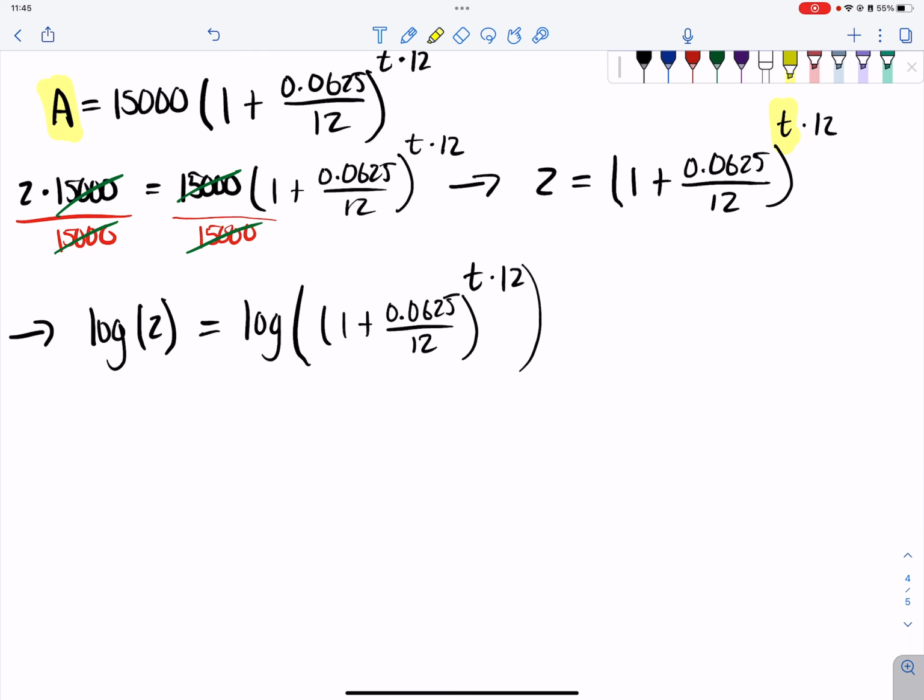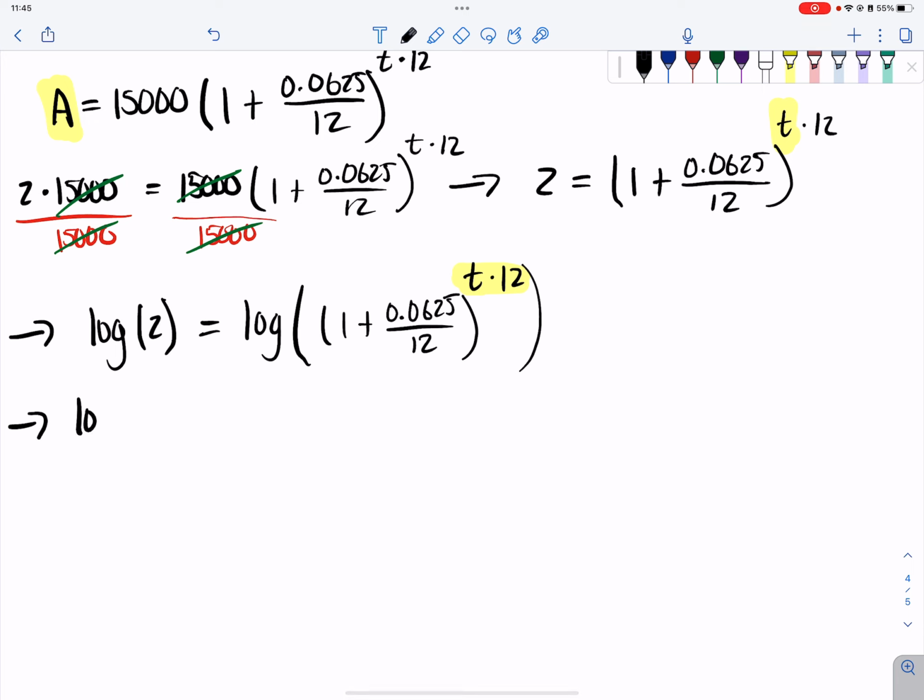And now we have our t times 12 as the exponent inside of the logarithm, which means we can use the power property to bring that t times 12 out to the front of the logarithm that it's in.